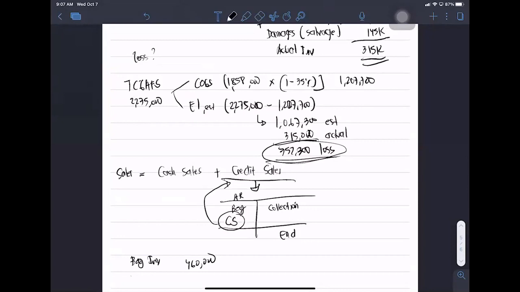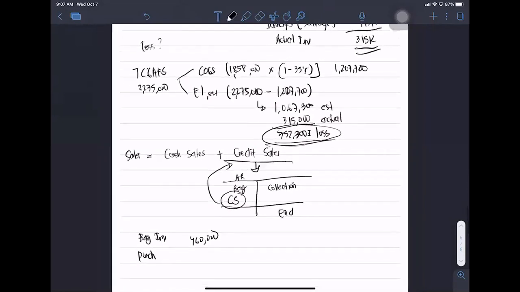And then we have your purchase amounting to, let's say, 1,390,000, and then we are given a cash sale of 215,000, and then we have your collections of, let's say, 2,005,000.